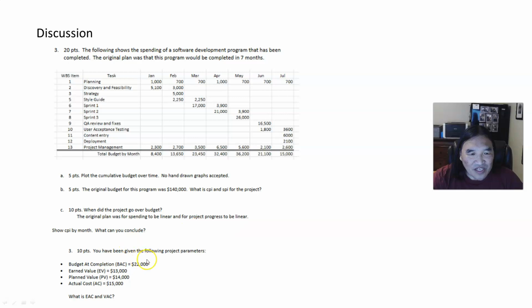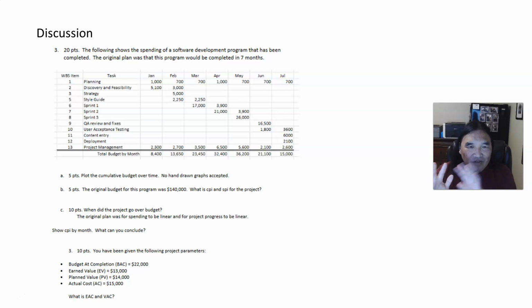Now the next question, you have all these numbers. They give you the EV, the PV, the AC, the BAC. Now when they ask you for EAC, warning, think about which equation you want to use. If you have SPI and CPI, then you should use those two numbers.